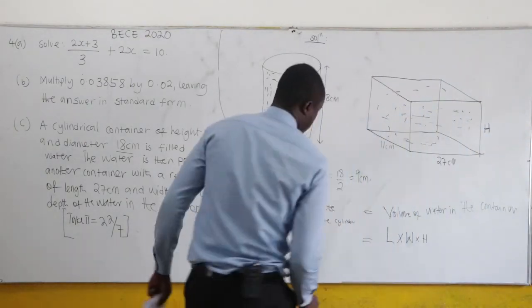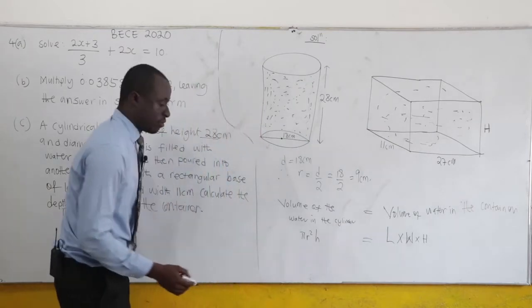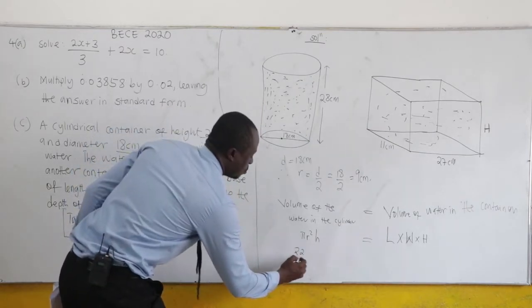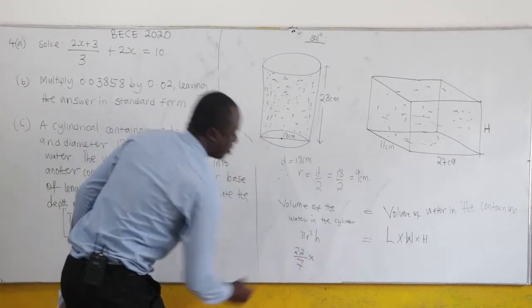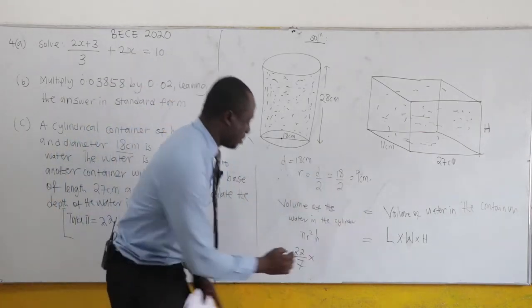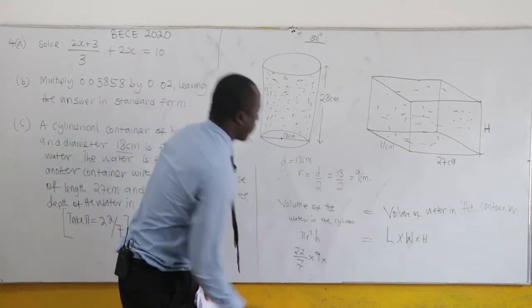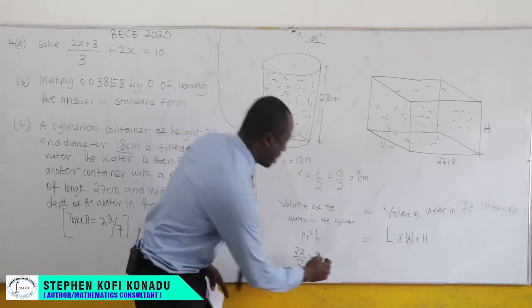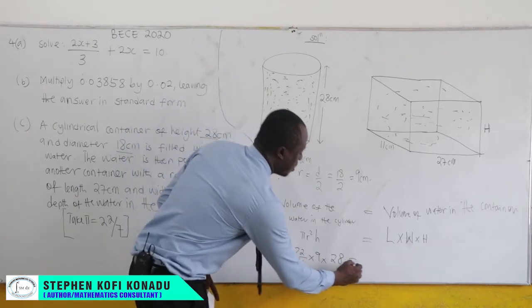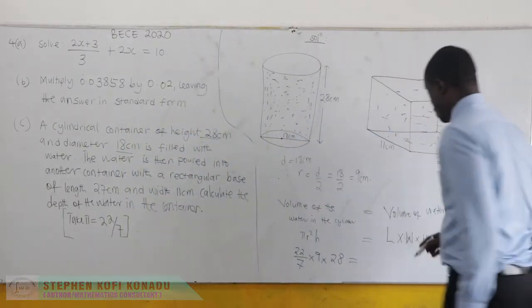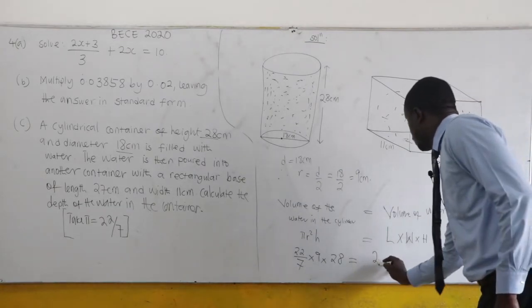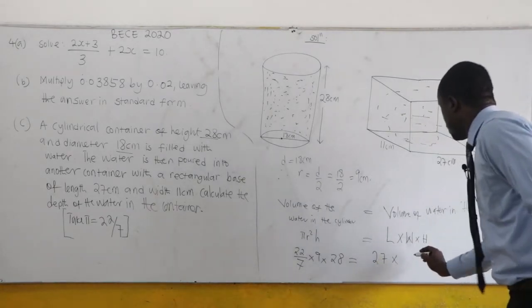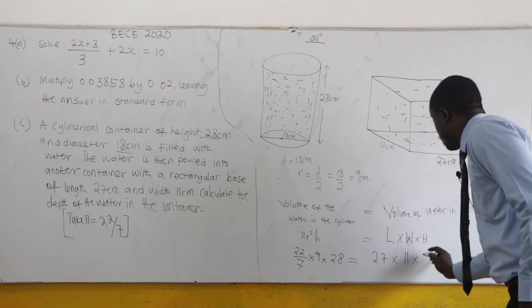Now what do we have over here? Pi is given in the question as 22 over 7. What is the radius? Our radius is 9. What is the height? The height was given to us as 28. And this is equal to our length, which is 27, our width, which is 11, and then the depth, we don't know.